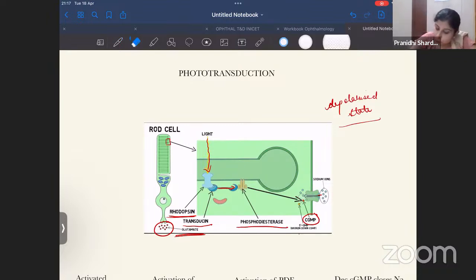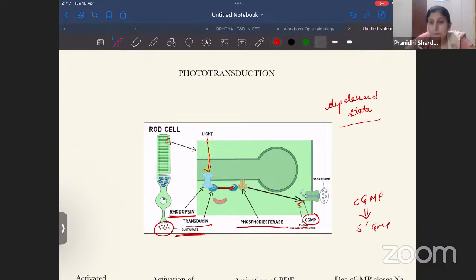And what this phosphodiesterase is doing is changing cGMP into 5'-GMP. And this increase of 5'-GMP, or in other words, decrease of cGMP, is closing sodium channels, because we know that cGMP allows sodium to go inside.